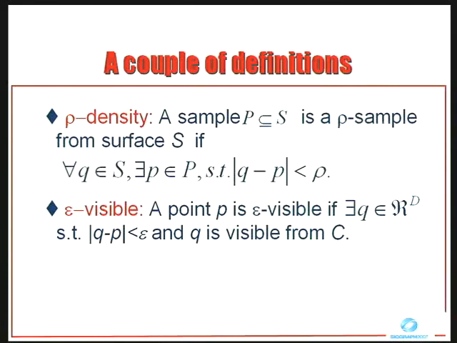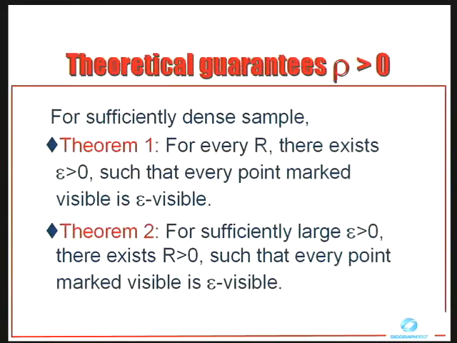Now, with this definition, we can extend the theorems that we proved before. For a sufficiently dense sample, the first theorem claims that for every R, being the radius of the bounding sphere, there exists some epsilon such that every point that is marked visible is indeed epsilon visible, and vice versa.